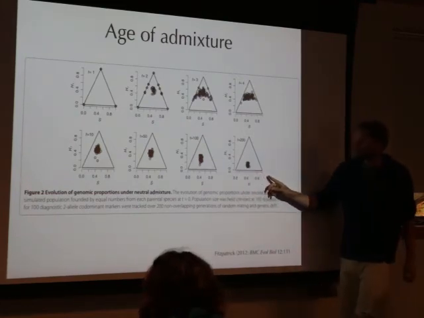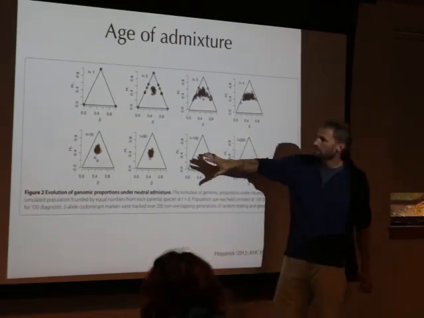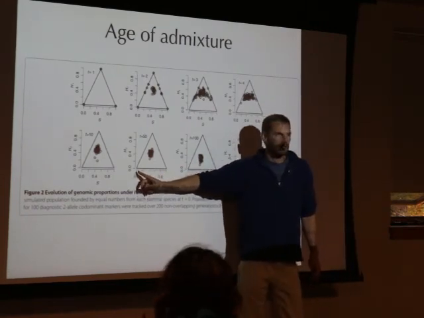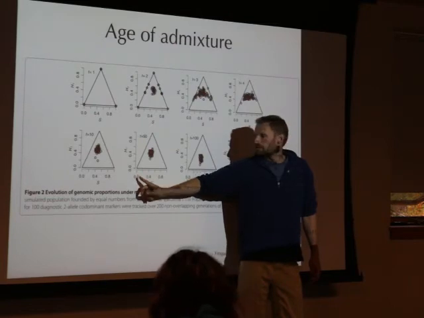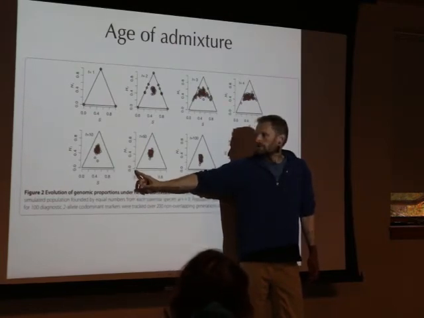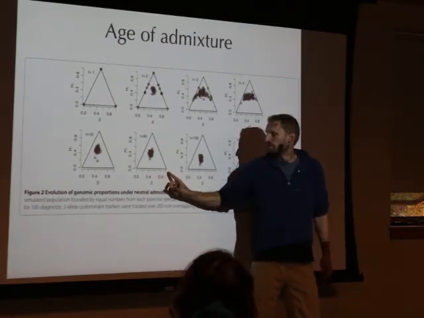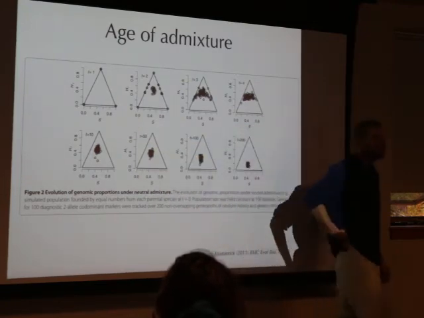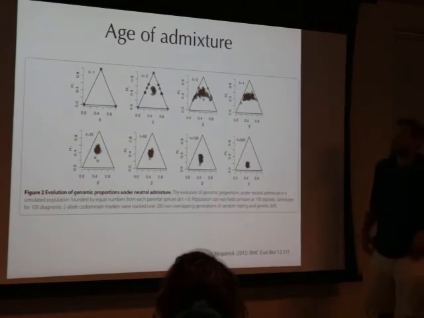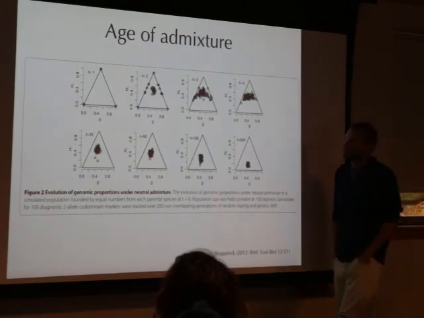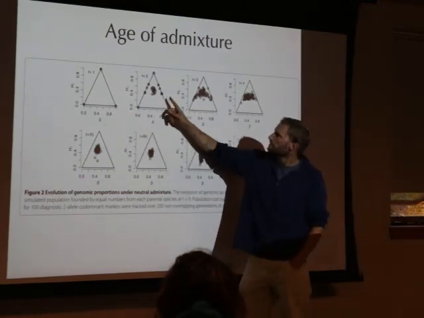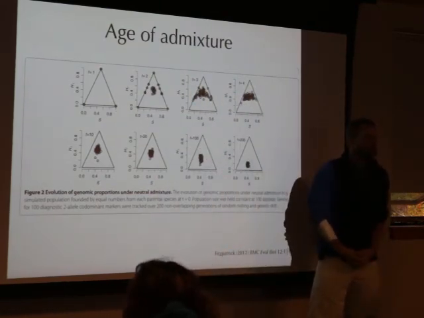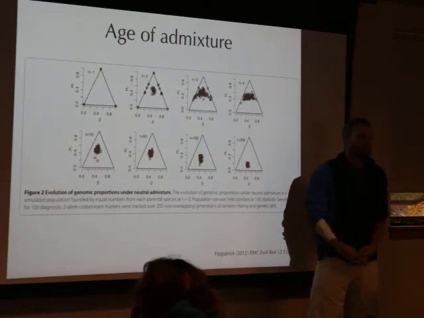One last way of looking at these sorts of data. If you have a plot like this with individual level of admixture on the x-axis, so from pure species 1 to pure species 2, hybrids in the middle, and then here you have heterozygosity, so the proportion of loci that are heterozygous. After one generation, you can see how this picture will change over time after a hybridization event.